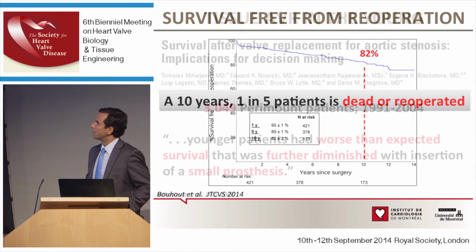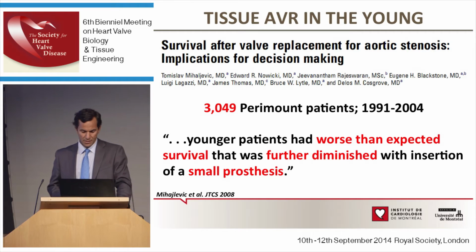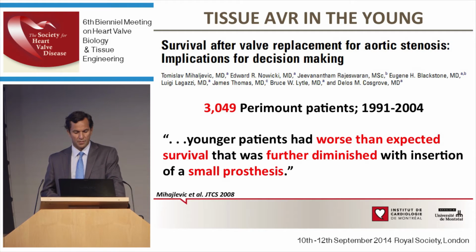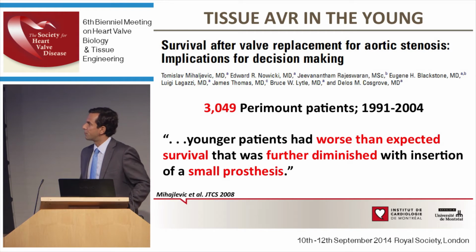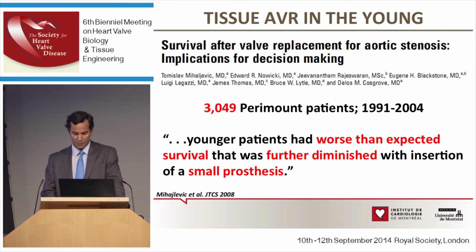And we looked at a similar study of tissue aortic valve replacement, again in young adults, looking at their long-term survival. This is actually a study from the Cleveland Clinic looking at a similar outcome with over 3,000 patients undergoing tissue aortic valve replacement from 1991 to 2004.